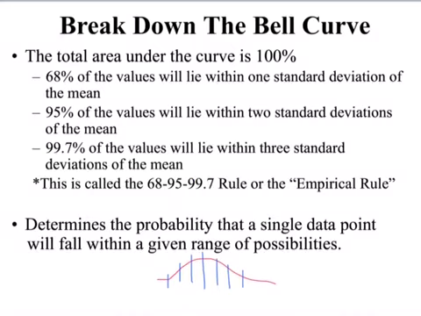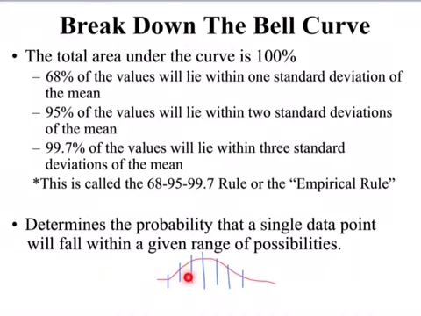Okay. So this area right here stands for 68% of the values that make up your bell curve. If we add on our second deviation, which would be these two lines, that means this area right here would make up 95% of the numbers that are in your set.